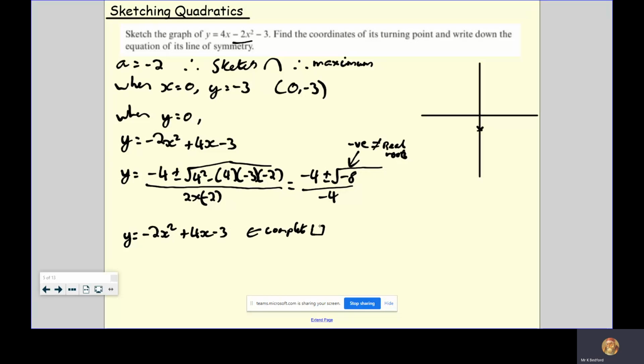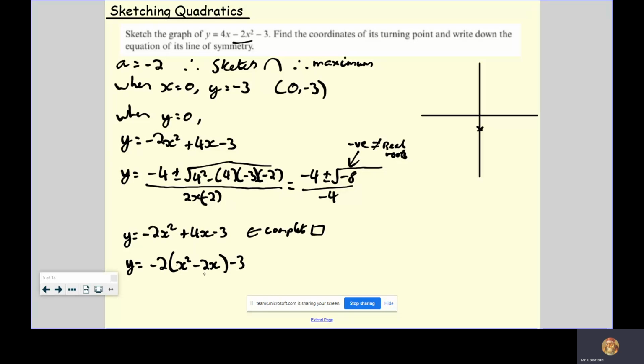I'm just going to draw a little square that's just not quite complete because that's our job to try and complete it. So I'm going to take out this -2 first because it's a little bit messy. So I need to remember that's going to change it to an x squared minus 2x, because that plus will change to a negative when I take it out. And that -3 is just going to be on the end.